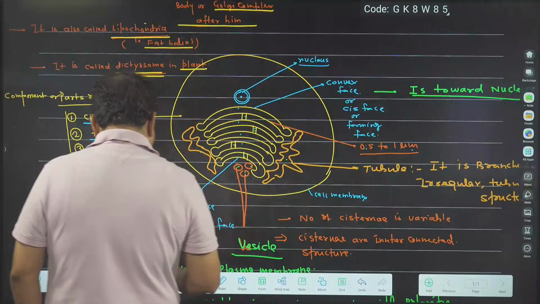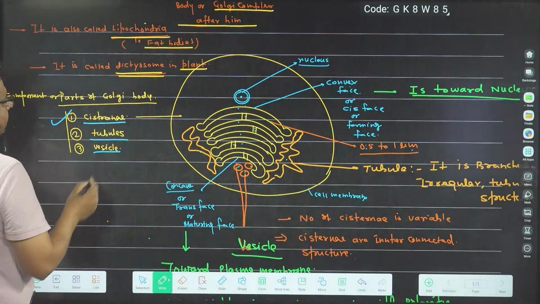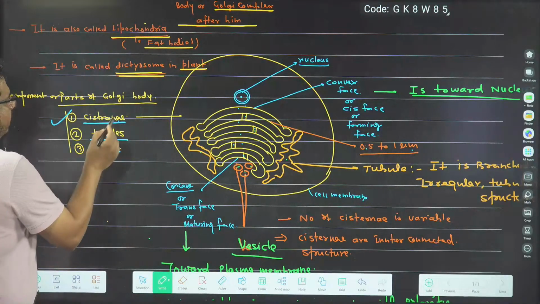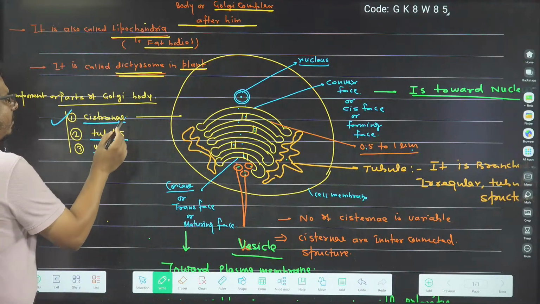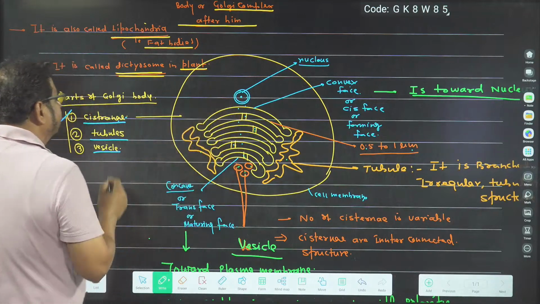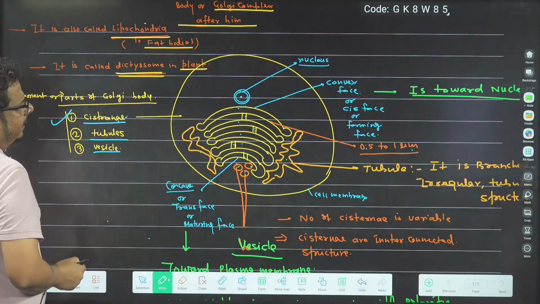So I told you about the cisternae. It is a concentrically arranged, flattened structure. The number is variable. It is not fixed in a particular cell. It varies from cell type to cell type. Another thing, it is an interconnected structure. Got the idea?